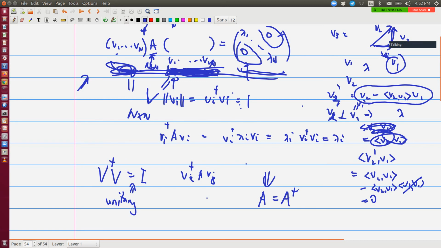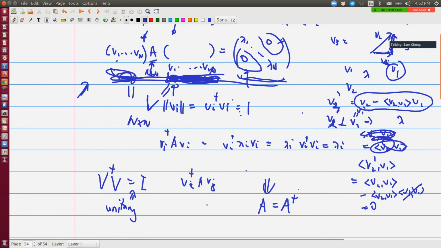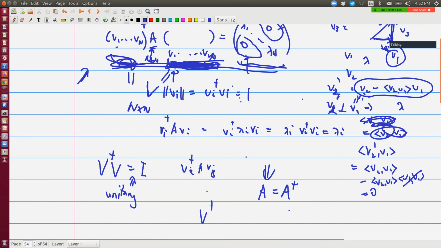Let's see. Because if you have this, then you have V Hermitian A V equal to this diagonal matrix, and this diagonal matrix is Hermitian, right? Maybe I write it like this.